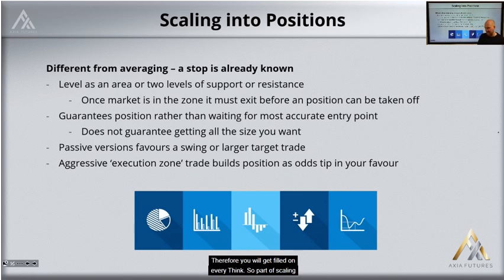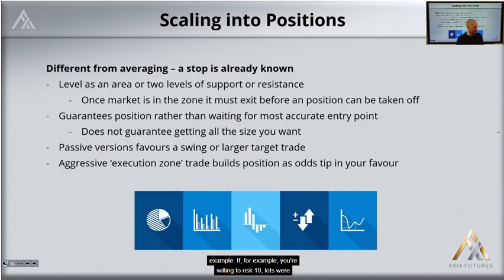So part of scaling in requires a plan as to how you're going to get this risk on. Because the way that you've got to think about risk is that you're willing to take that risk on all of that size, whatever amount it is, to be stopped out. Now, if the trade works, you also want to be paid on that risk as well.